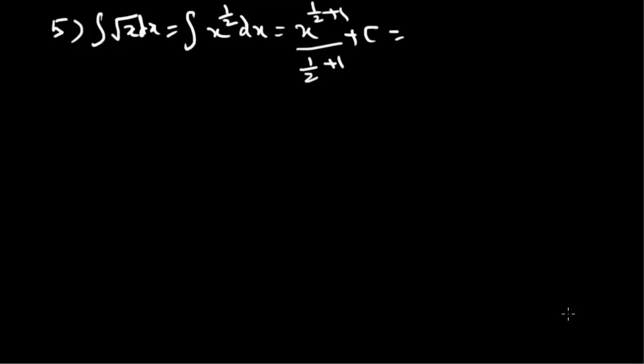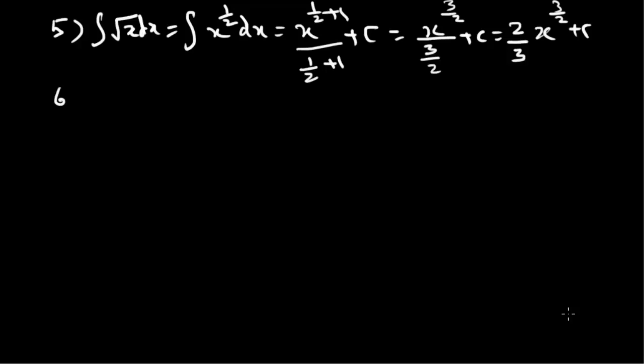Half plus 1 is 3 by 2. So x power 3 by 2 by 3 by 2 plus c, or this 3 by 2 in the denominator can be written as 2 by 3, because the denominator of the denominator goes to the numerator. 2 by 3 x power 3 by 2 plus c.